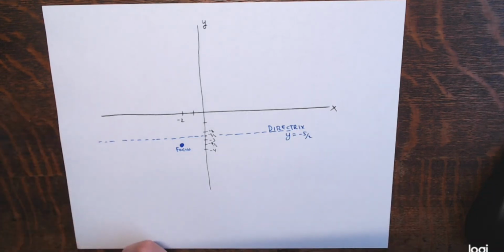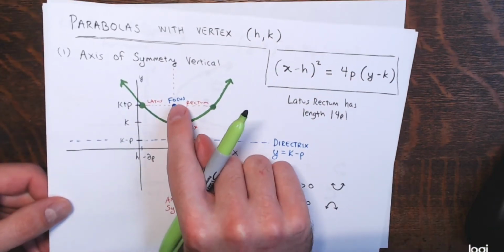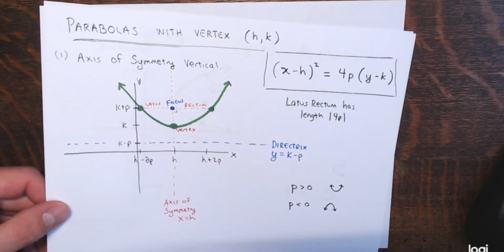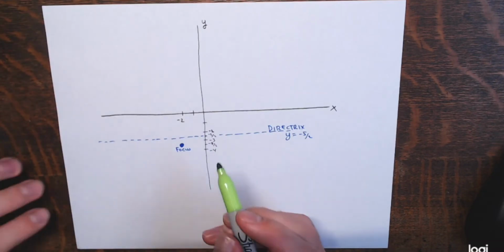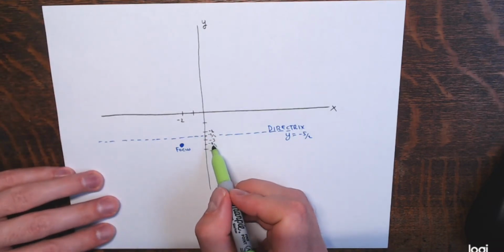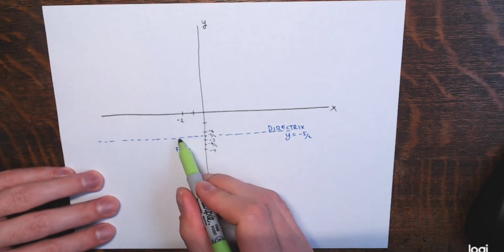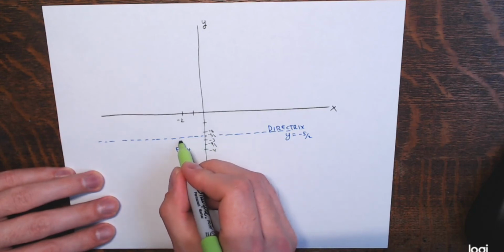The vertex, I remember from my pictures, is exactly halfway between the focus and directrix. So the focus has a y coordinate of -7/2, the directrix is at -5/2, so -6/2, -3 will be the y coordinate of the vertex.